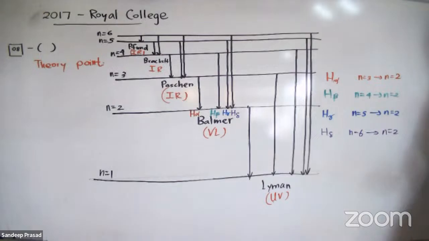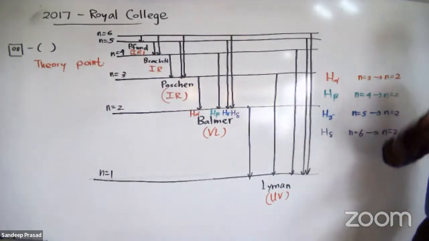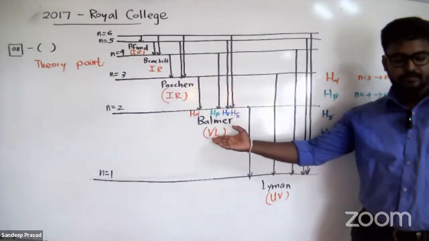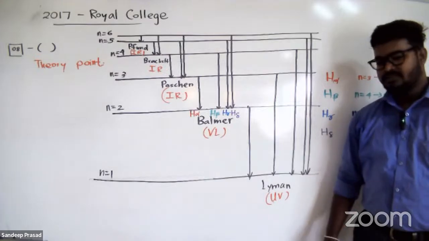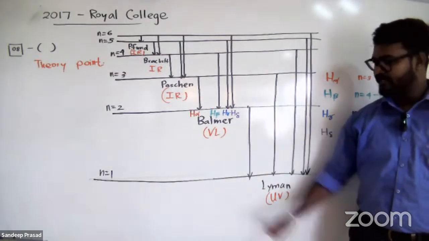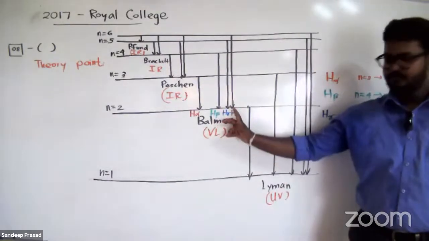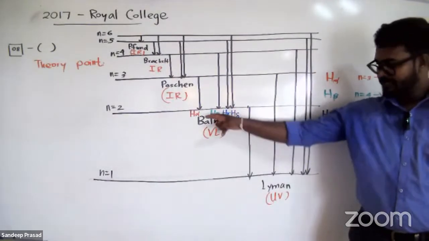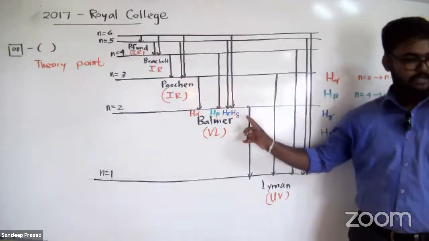Right? So now let's go for the statements they have given. Balmer series is in the ultraviolet region. Is that correct? No, that belongs to the visible region. But students, this statement is partially correct. Can you remember in theories I taught you that the very first four spectral lines belong to Balmer, right? Red, green, blue, violet.